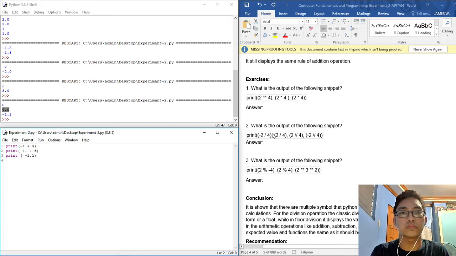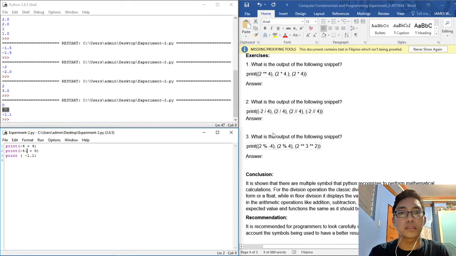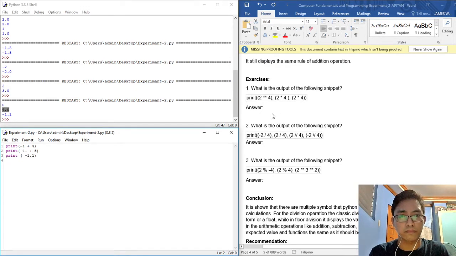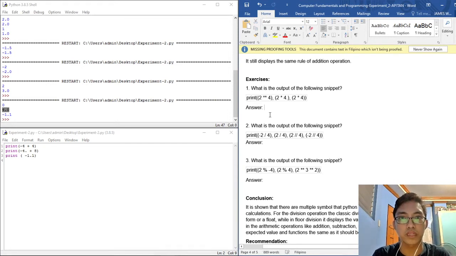Next is to try these exercises. First, I'll predict what will be the result before applying it here. Now, for the print function of 2 raised to 4, it is 2 times 2 times 2 times 2.